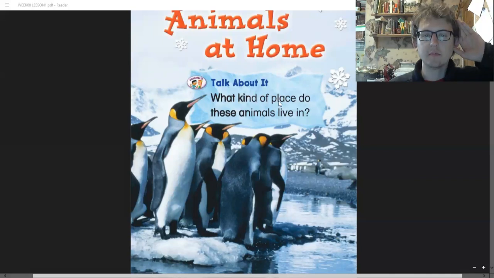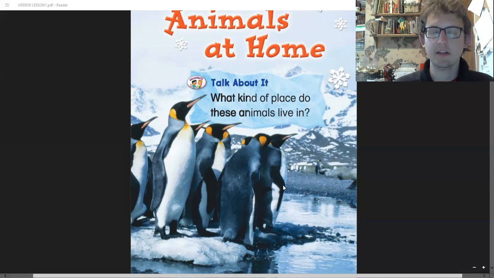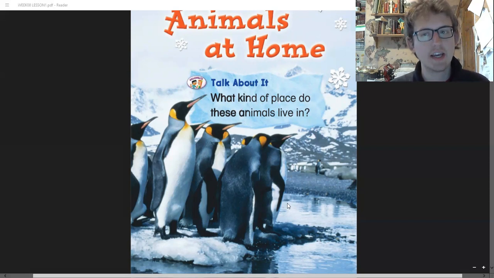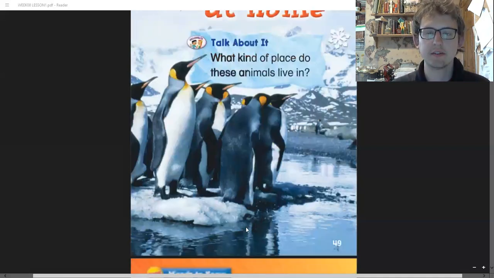What kind of place do these animals live in? All right, we can see this is a photograph, right? These animals don't live in wooden houses or big city buildings. They live in nature, in their community. So this group of penguins might be a community, right? All right, let's go to the next page.